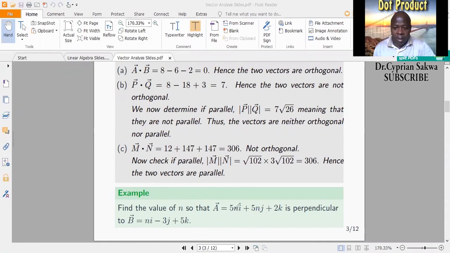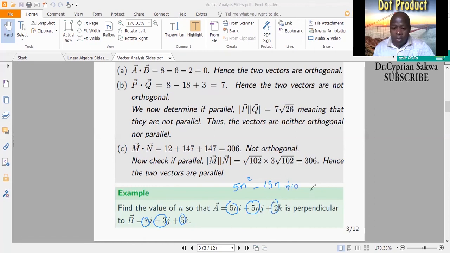Just get the dot product and equate to 0. So the dot product, this times this, gives me 5n square, and this times this gives me negative 15n, and then this times this gives me 10.